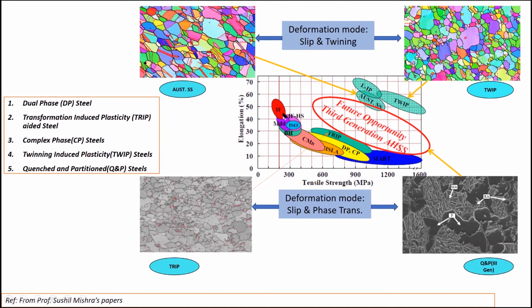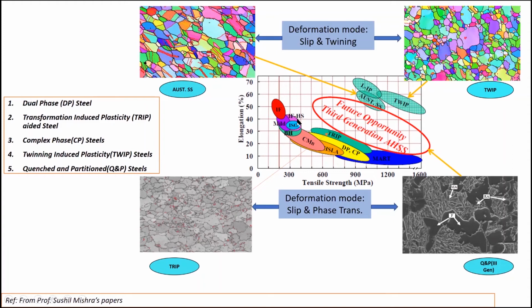And you can see some of the steels that are getting developed, which we talked about, the first generation, second generation type of steel. And the general thumb rule you can see is as you increase the strength, the ductility or the elongation or the forming capability is going to keep decreasing. It is a natural behavior.